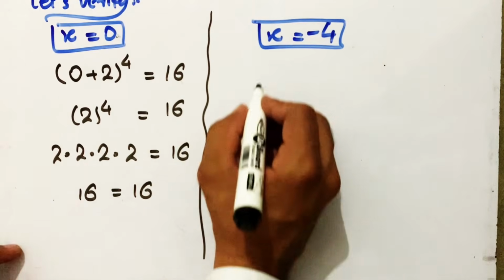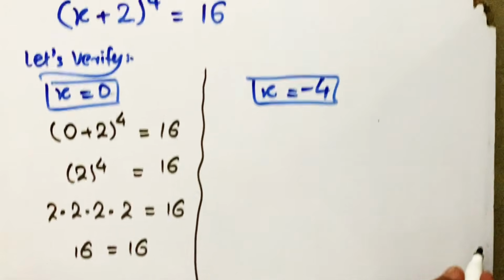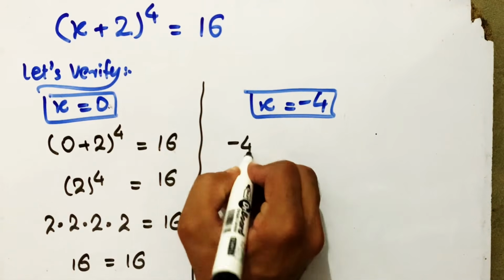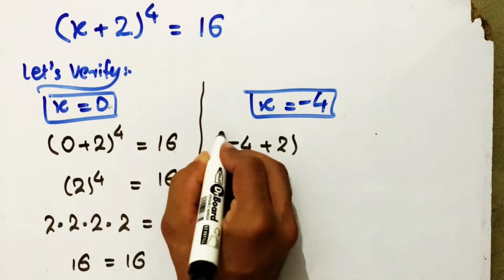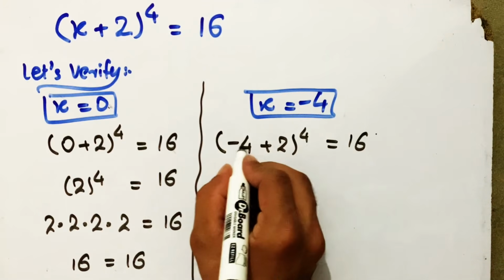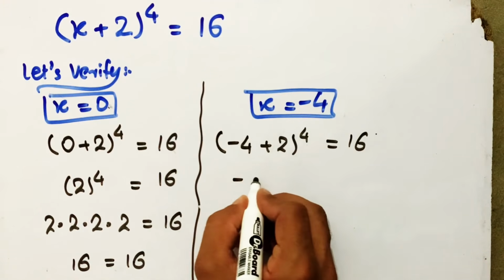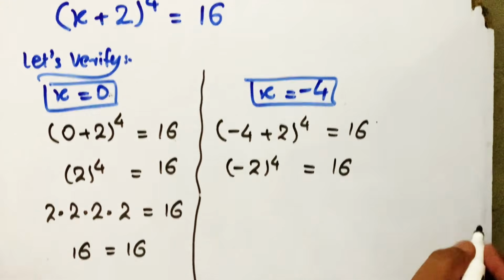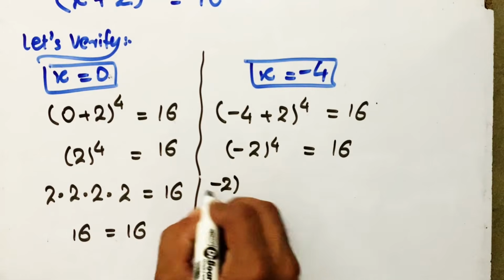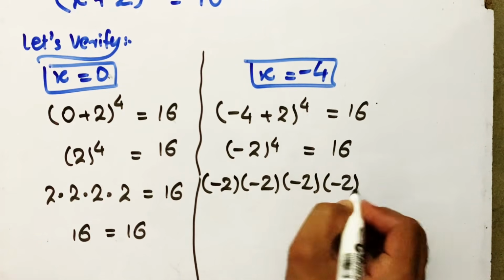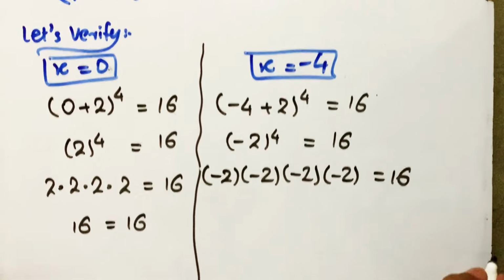Now put x = -4. So (-4 + 2)^4 = 16. This gives (-2)^4, so -2 into -2 into -2 into -2 equals 16.